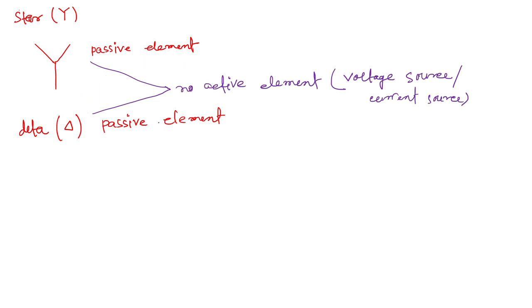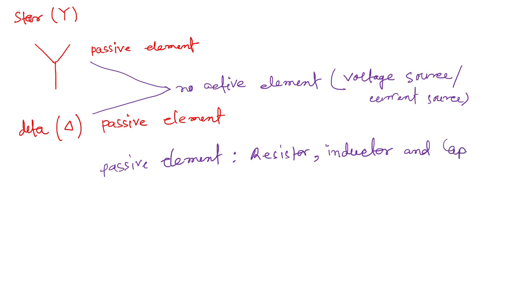And passive elements are three: resistor, inductor, and capacitor, the circuit elements.